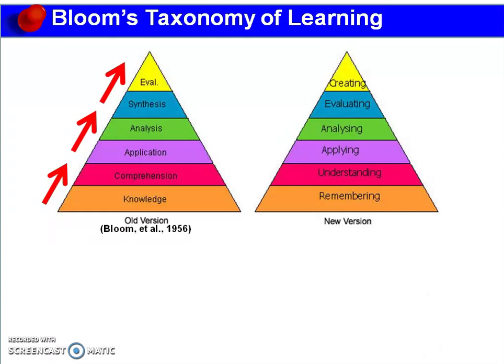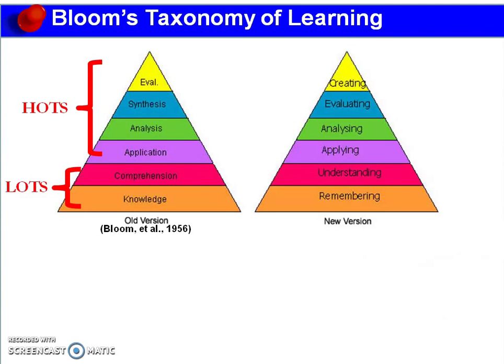The cognitive domain of the taxonomy of learning is subdivided into two partitions: the lower ordered thinking skills, or LOTS, which comprise the knowledge and comprehension, and the higher ordered thinking skills, or HOTS, which comprise the application, analysis, synthesis, and evaluation. Some studies include the application as part of the LOTS.